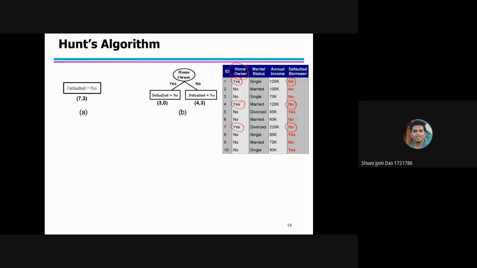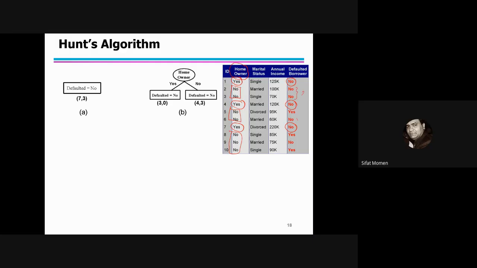But if the homeowner is no, then what happens? Let's look over here. If the homeowner is no, here, here, and here, how many instances are there altogether? 7 instances, right? Are all these 7 instances no, or all yes? Let's see how many no's there are.